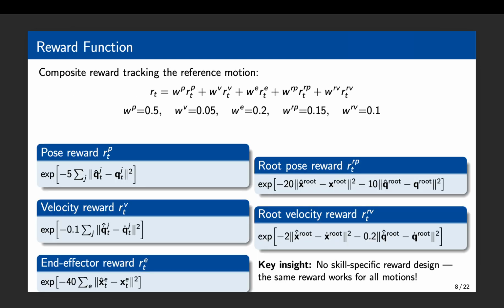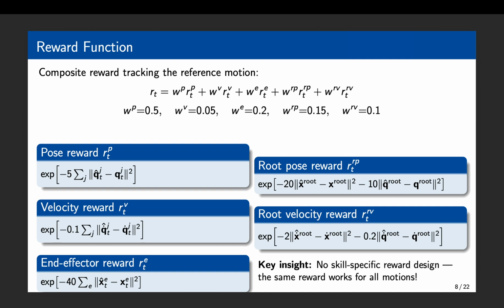The reward function is a weighted sum of 5 terms, each measuring how closely the robot tracks a different aspect of the reference motion. The pose reward penalizes differences in joint angles. The velocity reward penalizes differences in joint angular velocities.